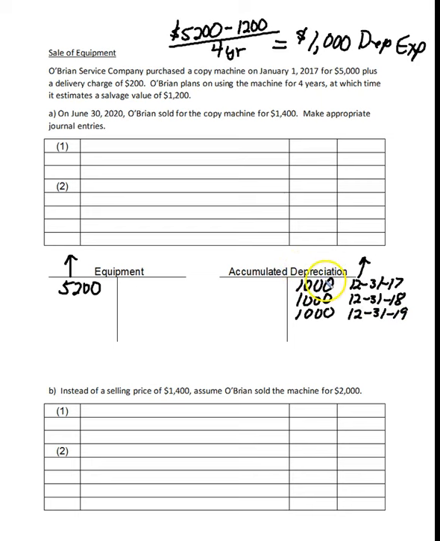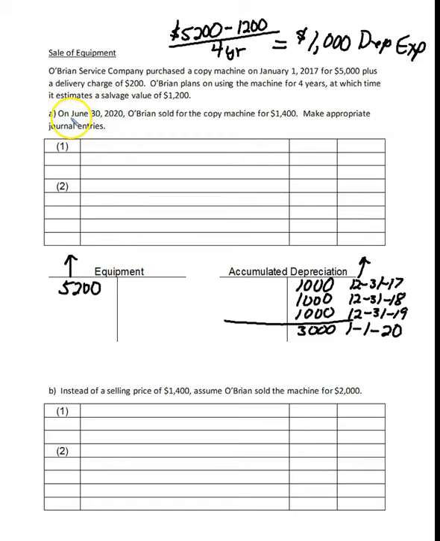At each year end, there would have been a debit to depreciation expense and this credit to accumulated depreciation. I'm only focusing on the credit to accumulated depreciation. So, on January 1 of 2020, there's $3,000 balance in accumulated depreciation, and we still have this original balance in the equipment account for its original cost.